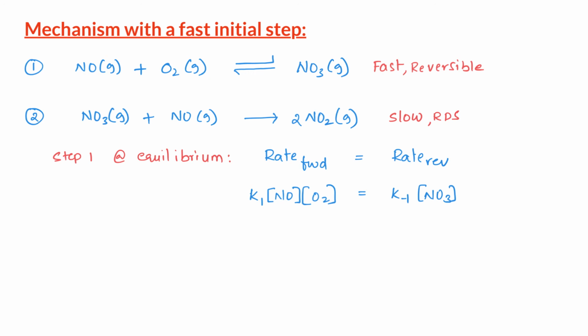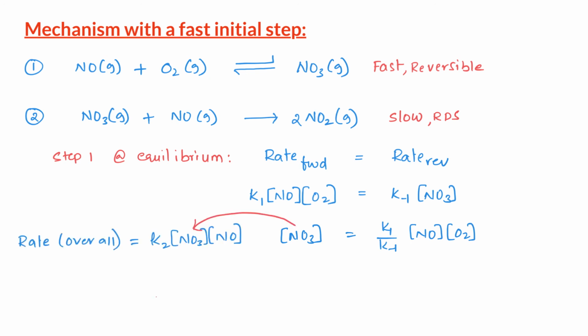Next, we rearrange this equation to isolate concentration of NO3 on one side. We get concentration of NO3 is equal to K1 over K minus 1 times concentration of NO times concentration of O2. Let us substitute this in the above equation.